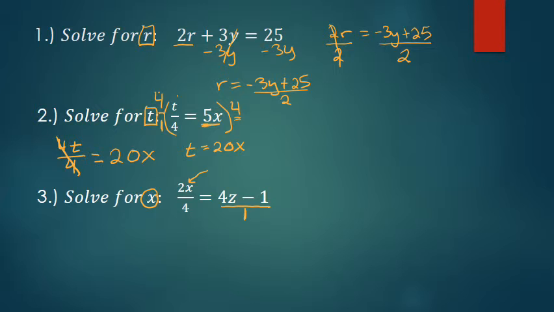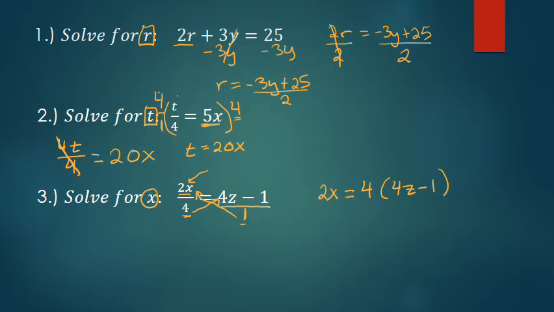I can cross multiply, so I get 2x times 1, which is 2x, equals 4 times the whole numerator, 4z minus 1.